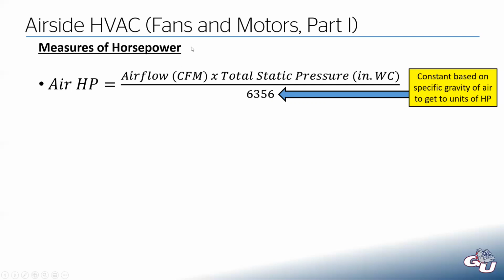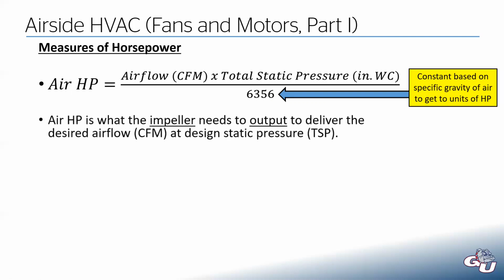And so you can see more airflow is more horsepower, more pressure is more horsepower, and vice versa. And air horsepower could be described as what does that impeller need to output to deliver whatever CFM we want at whatever design static pressure is needed.